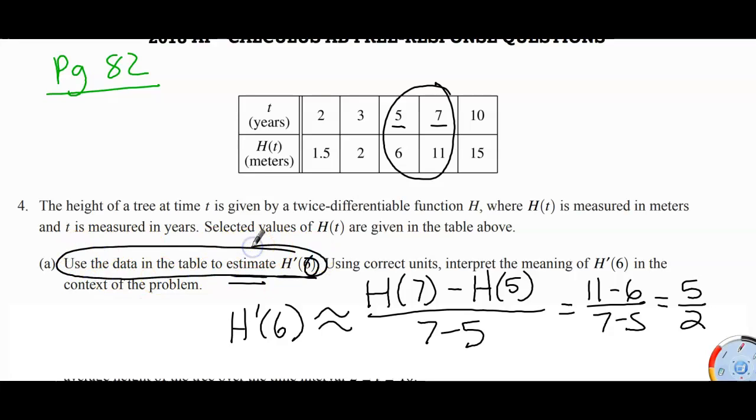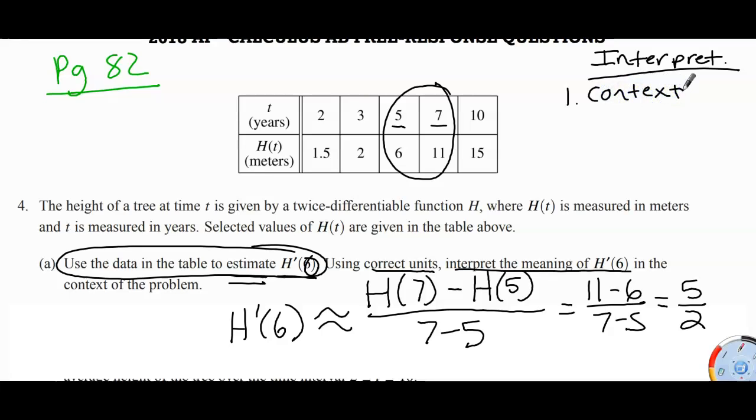However, they do want us to use the correct units and interpret the meaning. Now, you've got to remember, when we talked about this in the last chapter, whenever they ask you to interpret, they are looking for 3 things. First of all, you need to include the context, the story problem that they're even addressing here.